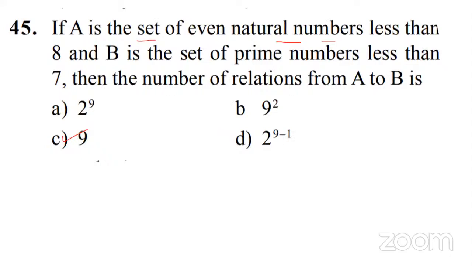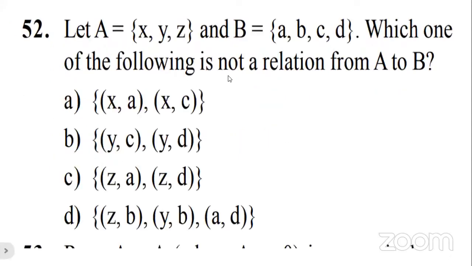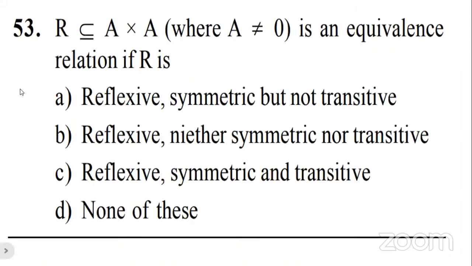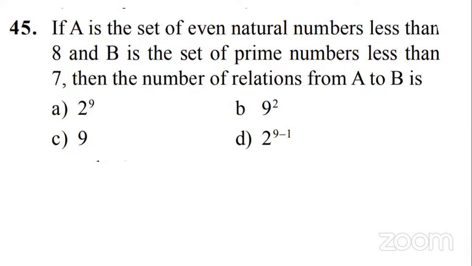Next question. If A is the set of natural numbers less than 8 and B is the set of prime numbers less than 7, then the number of relations from A to B is what?